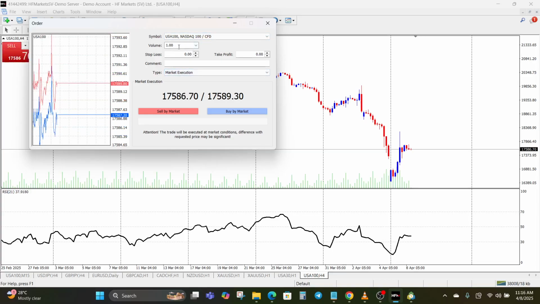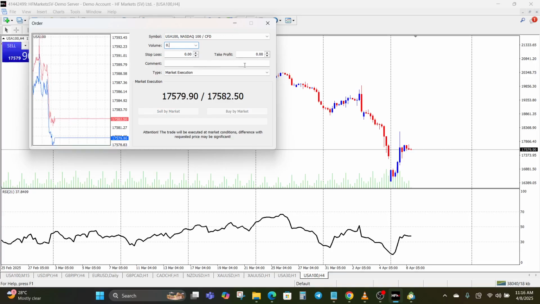Ensure that your lot size is calculated based on your account balance. Do not risk more than 1 to 2% of your account balance in a single trade. So do your calculations according to your account balance and your risk tolerance.